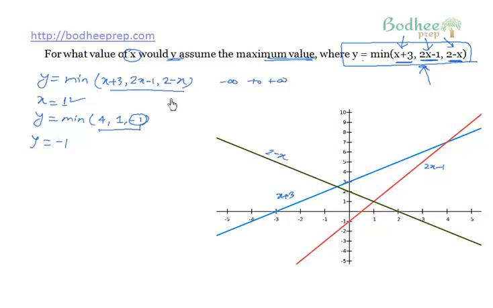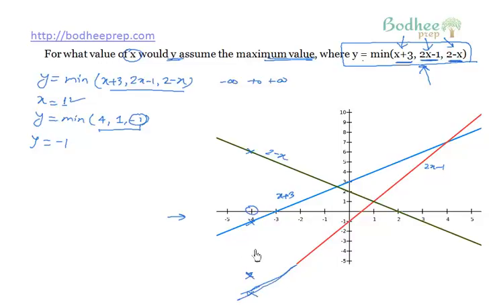So let's see in what range which function gives the value of y. If we start from minus infinity and approach plus infinity, for example, if I take x as minus 4, we'll have three values, one here, the other here, and the third one will be the red line, if I extend it.